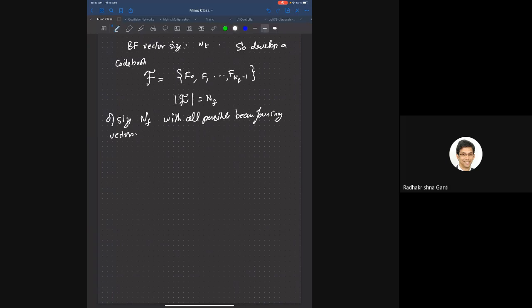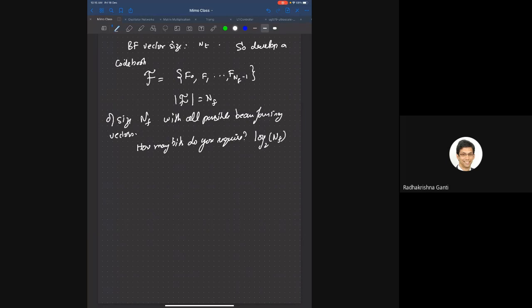To transmit an index of these beamforming vectors, how many bits do you require? You'll require log2 of NF.